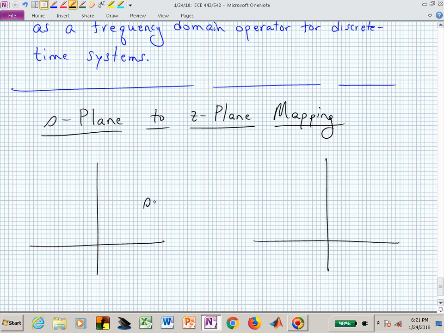Here's the S-plane, and here's the Z-plane, where the horizontal is just the real component of this complex variable S, and the vertical component is the imaginary part of S. And we have a similar way of parameterizing the second complex plane, which we call the Z-plane.